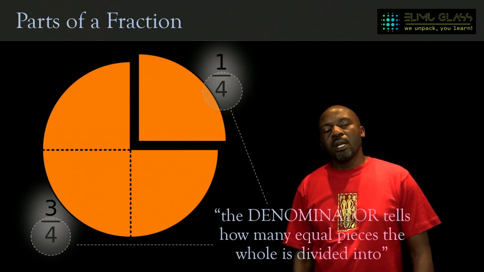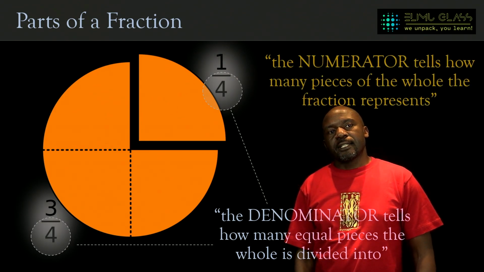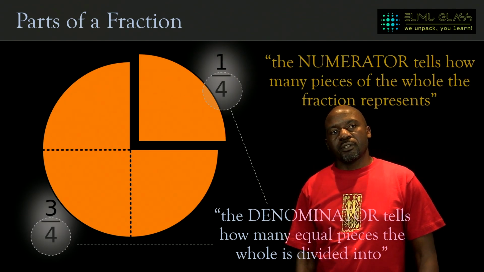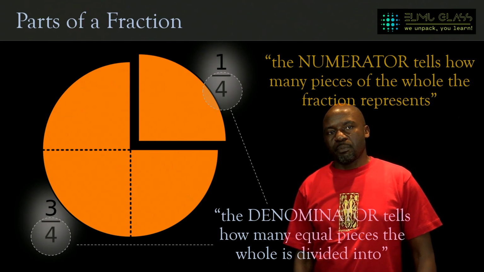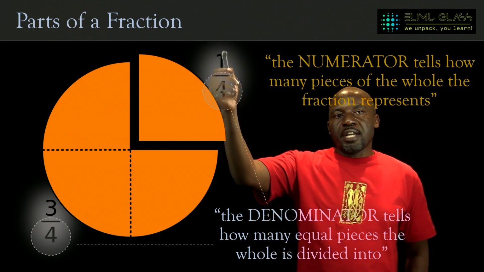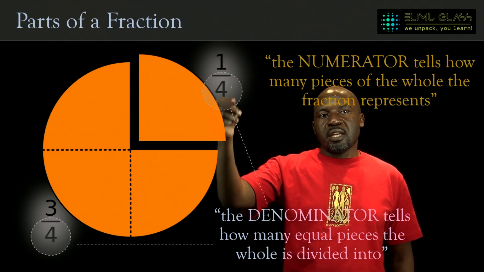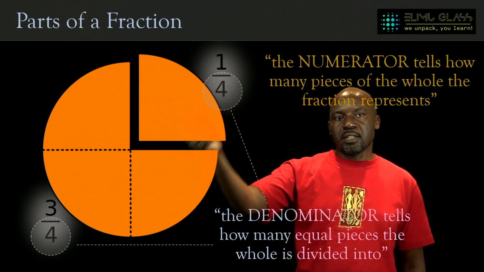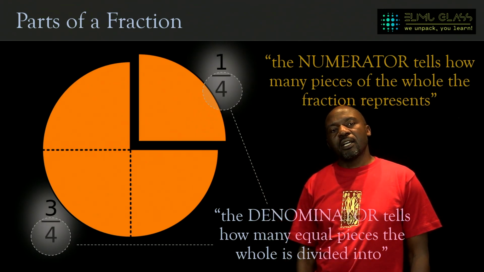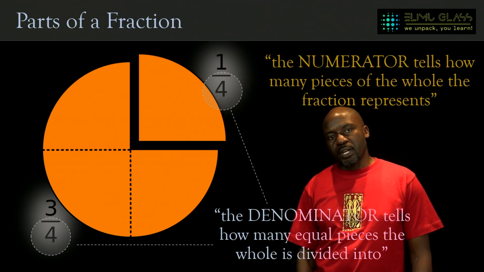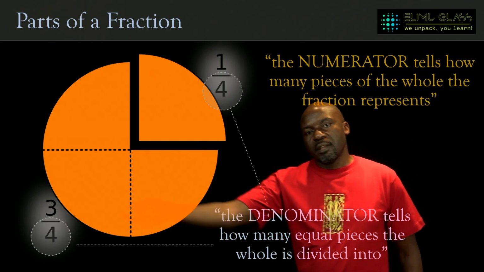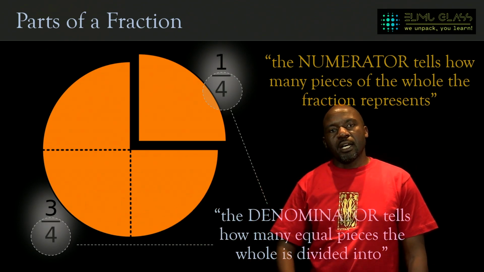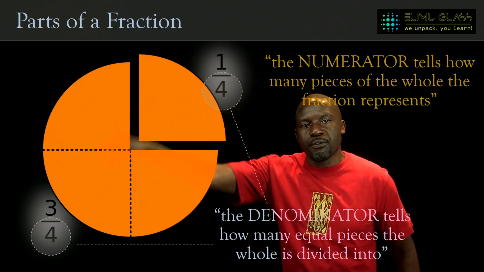Okay, the numerator tells us how many pieces of the whole the fraction represents. So when we write 1 out of 4, we mean that the fraction represents just one part, so this part here that has been pulled out, one part of the 4 parts of the whole, all right? Similarly, the 3 there represents 3 parts of the 4 parts.